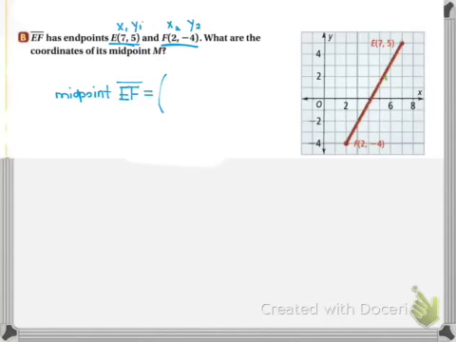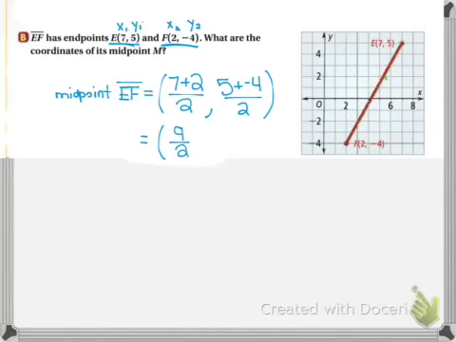We add together our x values, 7 plus our x2, which is 2, over 2, comma, and then do the same with our y values, 5 plus -4 over 2. If I add those together, the first coordinate becomes 9/2, the second becomes 1/2.